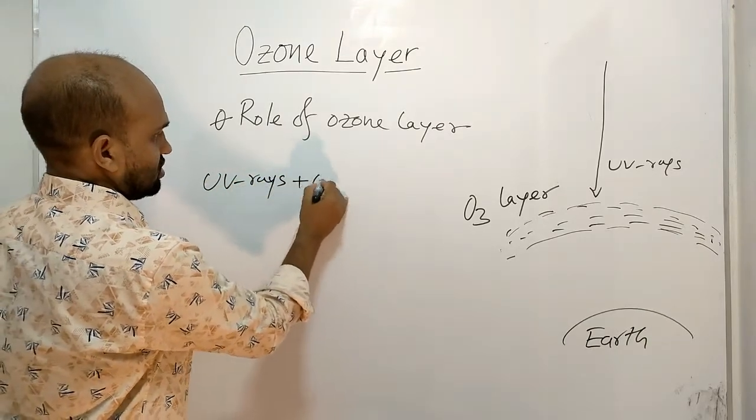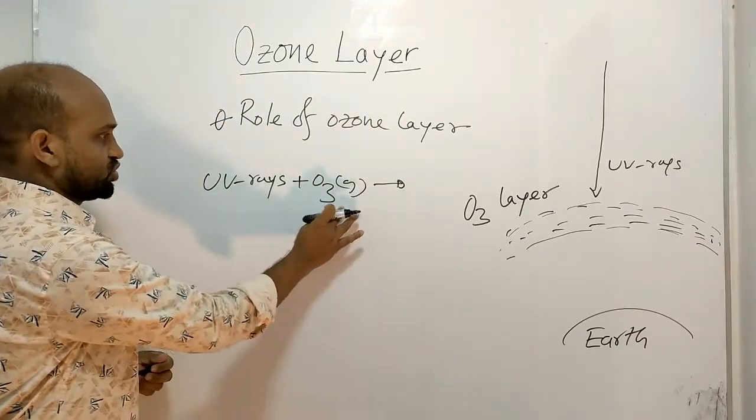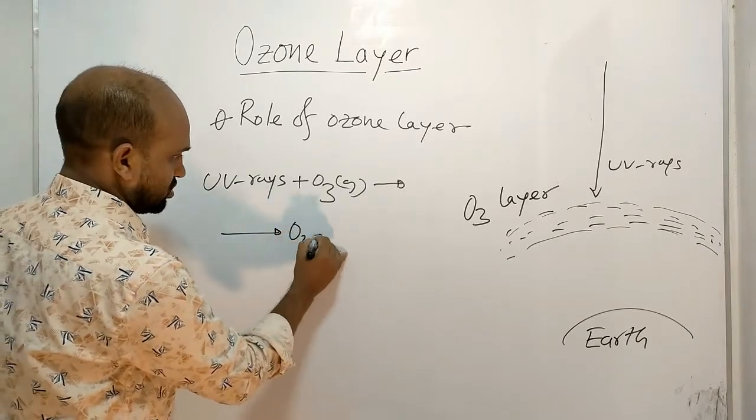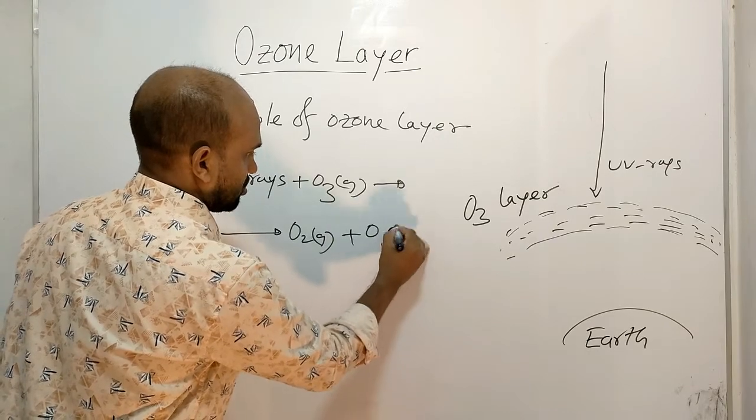Ozone gas absorbs UV rays, and then what is found? Oxygen gas and atomic oxygen.